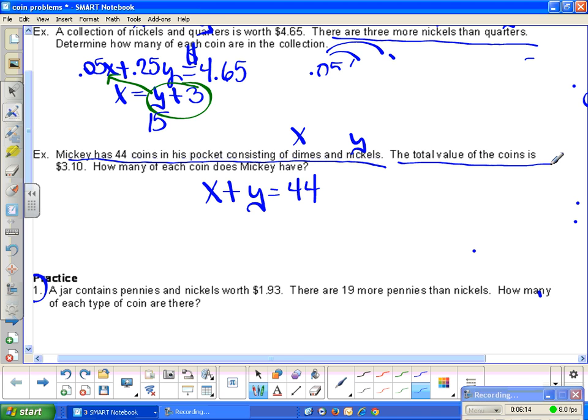Second one says the total value is $3.10. So that's $3.10 money. We have to have money over here too. What's going to go with X? 10 cents. So use your decimal. So 0.10 for X. How much is Y? 5 cents with Y. And there's my equation.